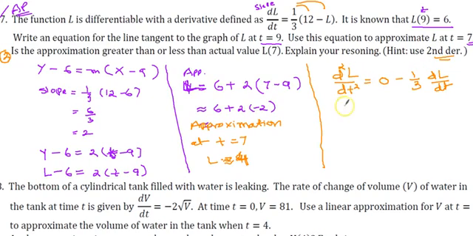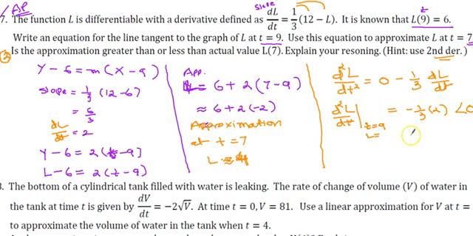If I use this derivative at t equal to 9, what was my slope? We already got it: dL/dt is 2. So this number is negative 1/3 times 2, which is less than 0.